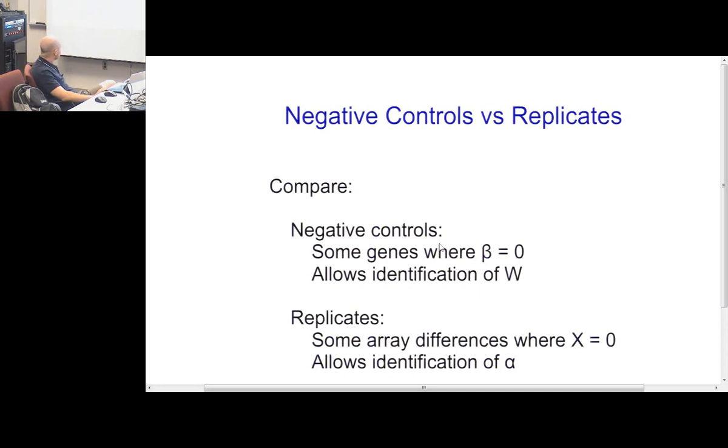The negative controls, these are genes where we assume that the beta is 0, and they allow identification of the W. And then conversely, replicates, these are array differences, where in taking the difference, the X is 0, and this allows us identification of alpha. So between the 2 of those, we're able to get both W and alpha and identify the unwanted variation and then remove it.